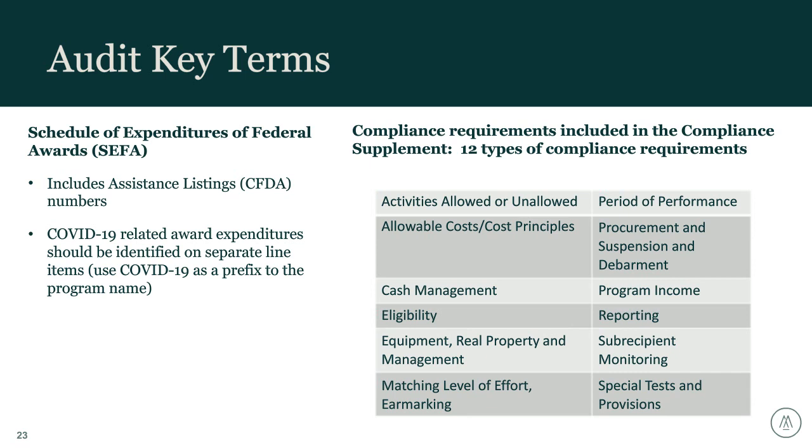These are just some key terms to keep in mind as you're evaluating documentation and gathering the information together. Another compliance requirement that may be important under the PRF would be suspension and debarment. There are very clear rules around making sure that vendors that are paid with federal dollars, so federal dollars used to purchase equipment or other types of services from vendors, are not on the suspended or debarred list, because that could be a potential non-compliance.